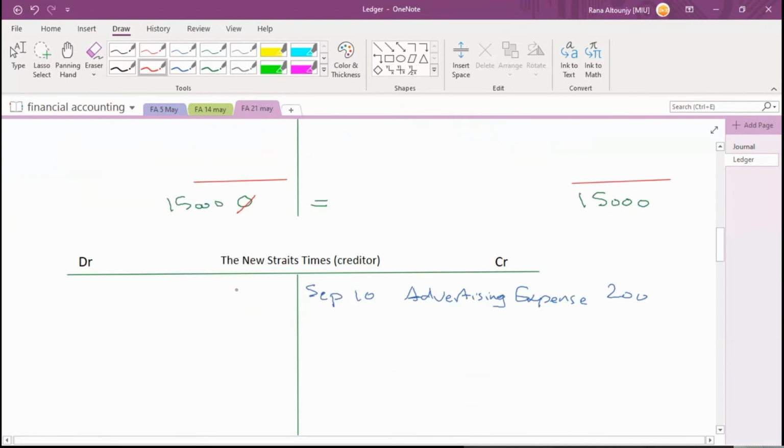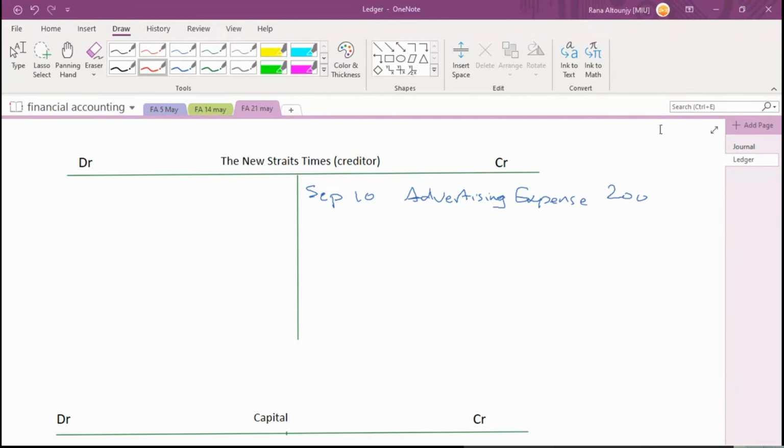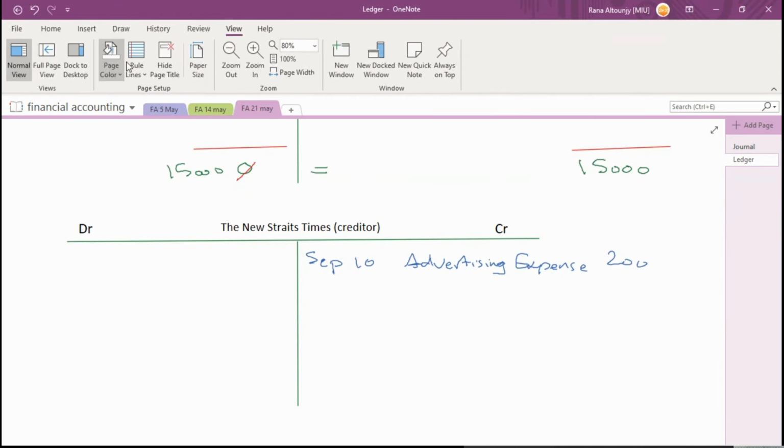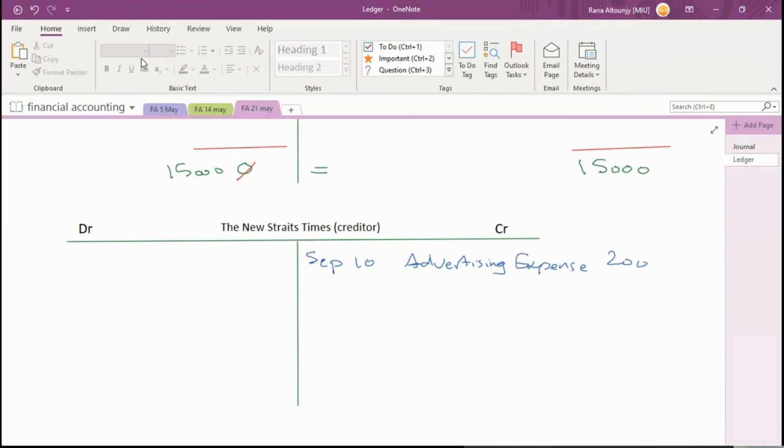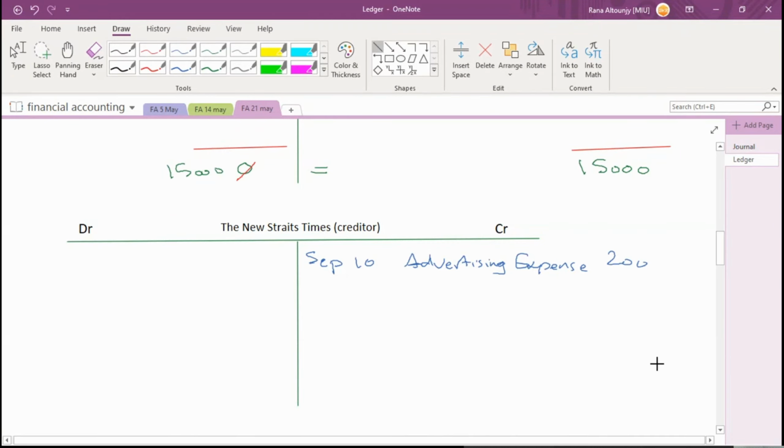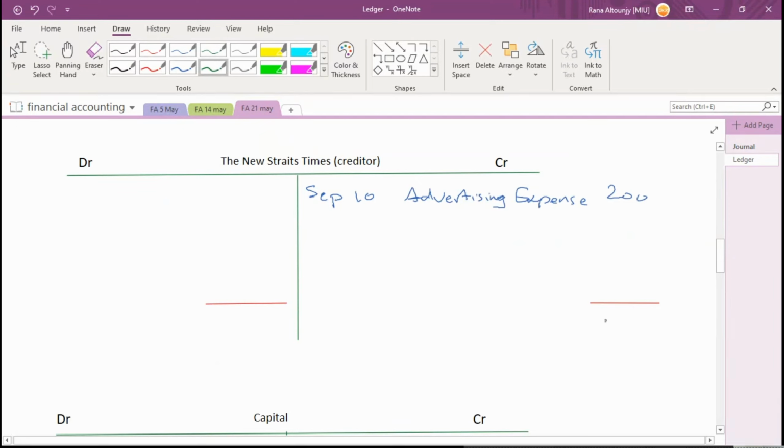Okay, so let's continue with the rest of the transactions. Also here, the sum we have here is 200. Here is 0. So we need to add 200 here to make the balance equal with the other side.